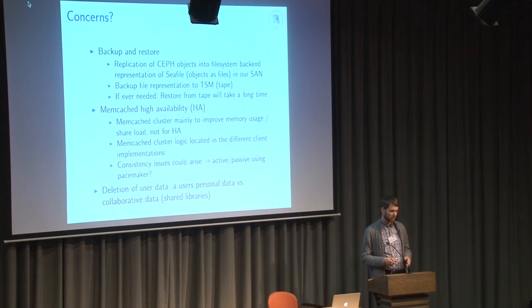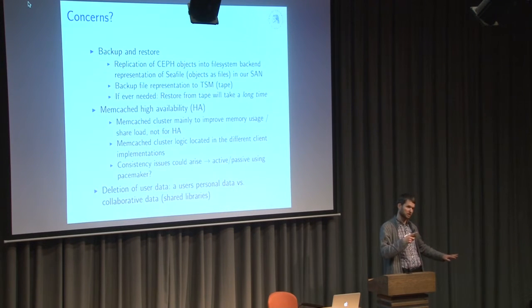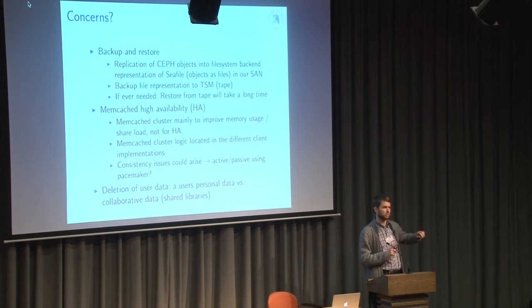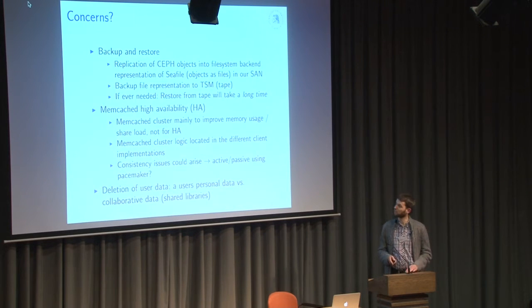When a memcache node is gone, everything is rebalanced, but when it comes back, there could be problems when objects change. In Seafile, normally objects don't change, but I'm not sure if this is true for the future, and I'm not sure which objects are stored in memcached. It is used for some parts of the code.